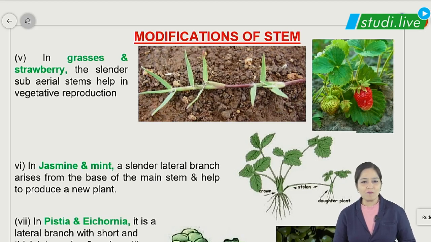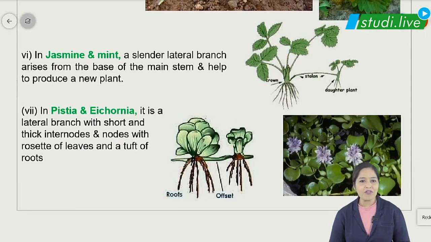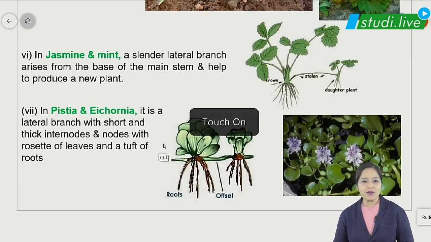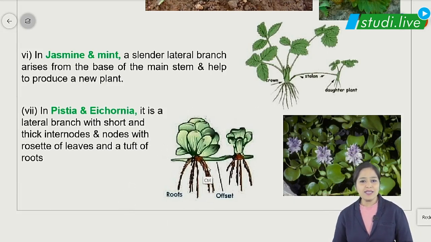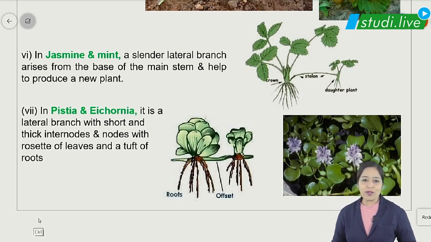Whereas in the case of pistia and eichhornia, we can see the presence of a lateral branch with short, thick internode. These pistia and eichhornia are aquatic plants.